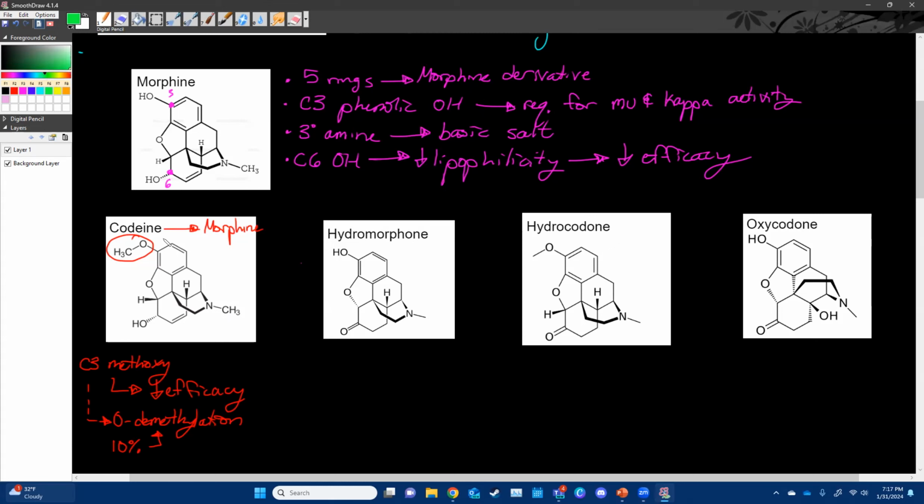Hydromorphone, on the other hand, instead of having that double bond and that C6OH, we're using a C6 ketone.